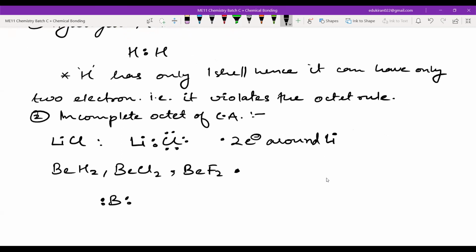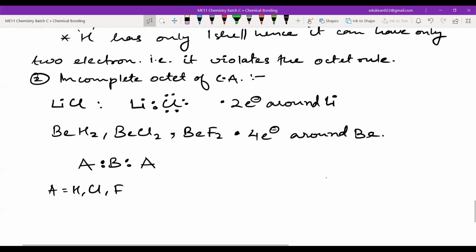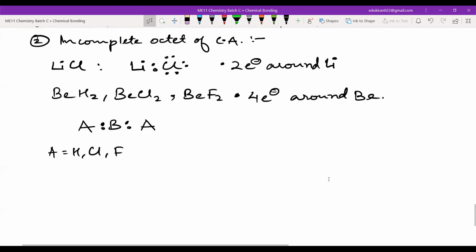Let us say some element A. This A can be hydrogen, chlorine or fluorine. In all of these you can see there are 4 electrons around beryllium. If it is 4 electrons, that means it is less than 8. Hence, it has an incomplete octet.